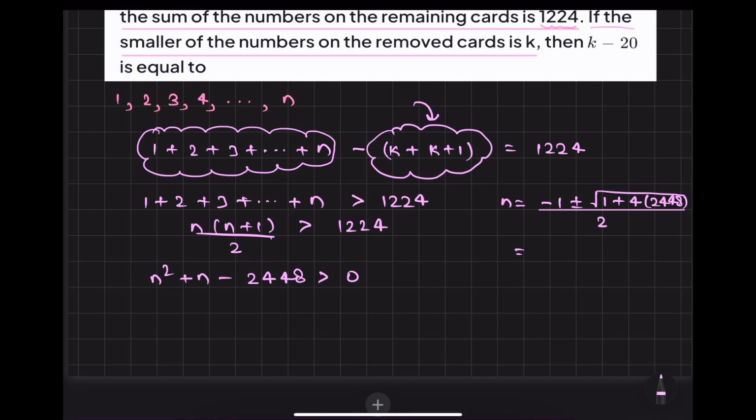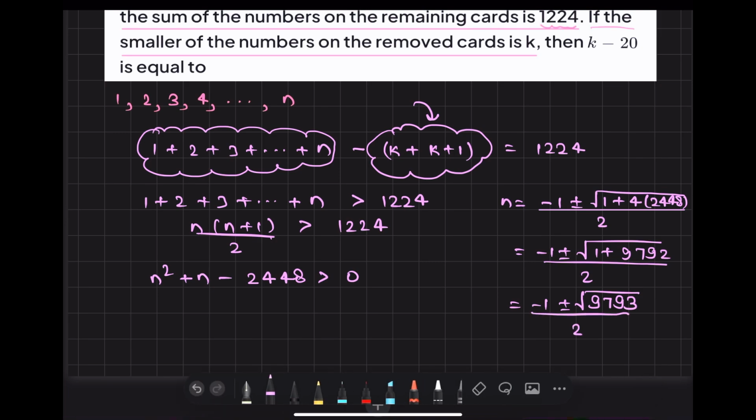Now look at this, how I will handle it. So it is minus 1 plus or minus root over 1 plus 4 times 2448, that is 9793, by 2.